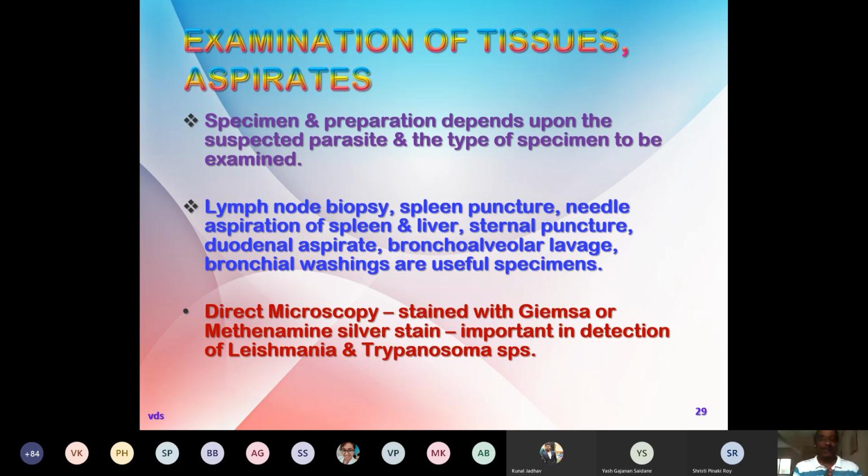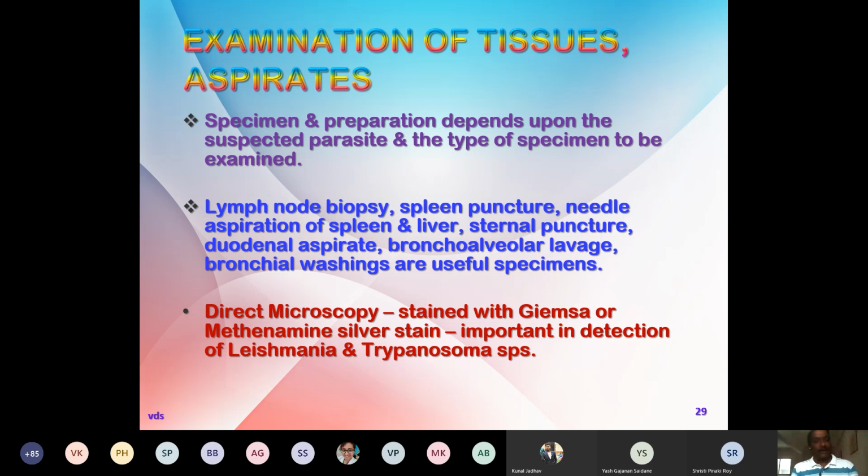Now, the examination of tissues and aspirates. There are other specimens apart from feces and blood in parasitology, but those depend upon the type of infection, the organ involved, and the clinical manifestation. We have to correlate them together. Specimen and preparation depend upon the suspected parasite and the type of specimen to be examined.